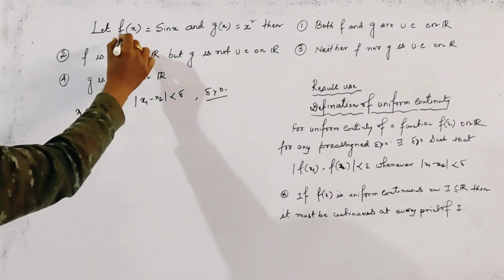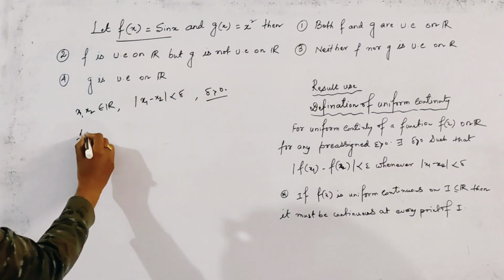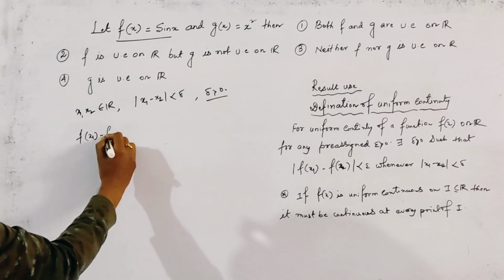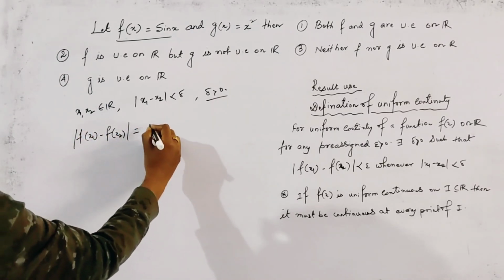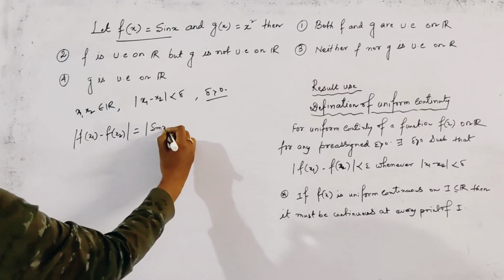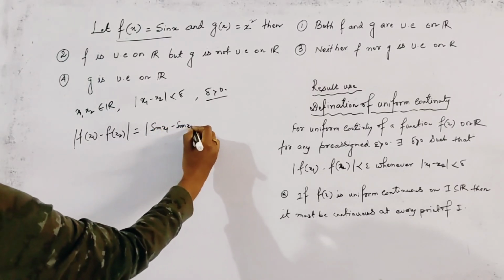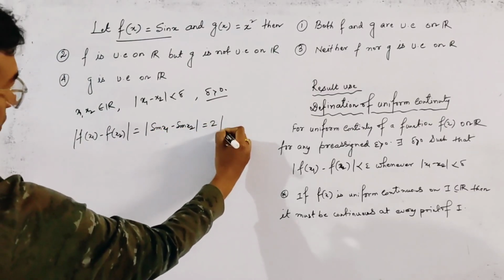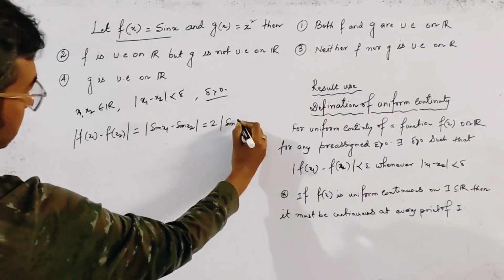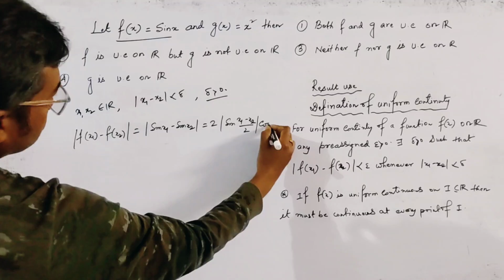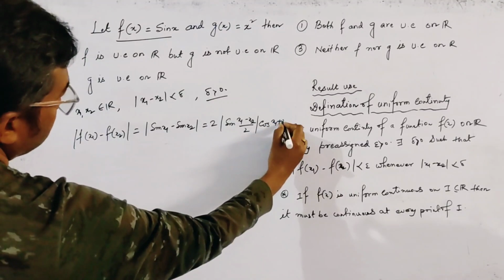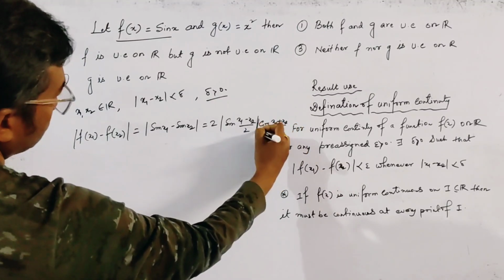Now for the first problem, if we write |f(x1) - f(x2)|, this is given by |sin x1 - sin x2|, and this is 2 into |sin((x1 - x2)/2) cos((x1 + x2)/2)|.